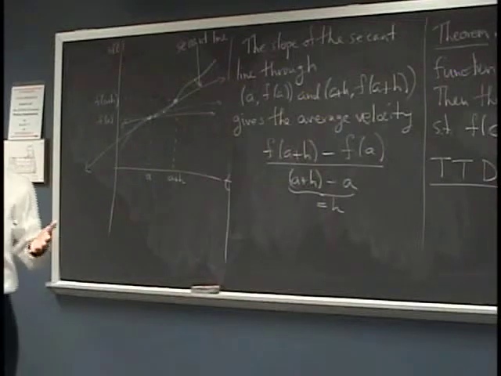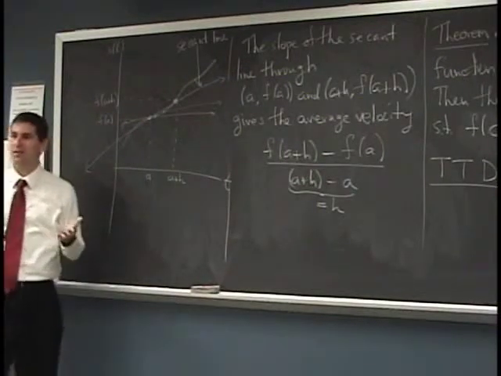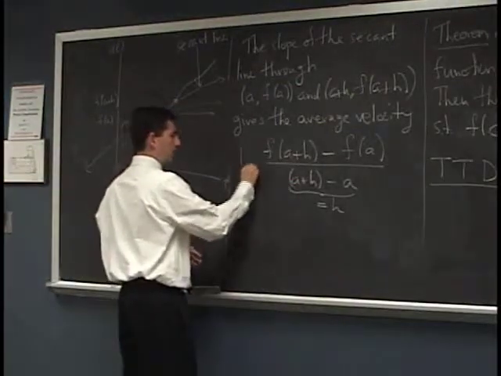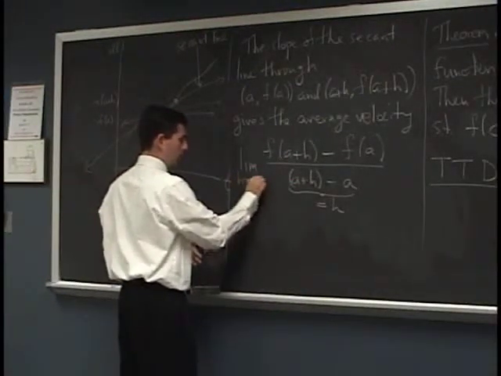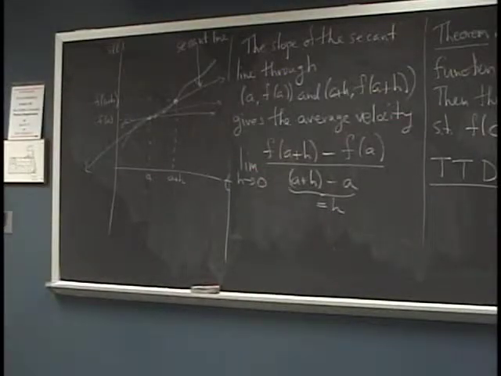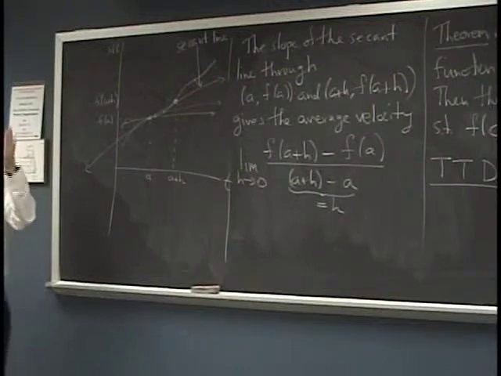Limit. They're kind of synonymous in this class. And so what we want to know is, is there a limit as h goes to 0? Does this average velocity start to target some fixed velocity, which is the instantaneous velocity?